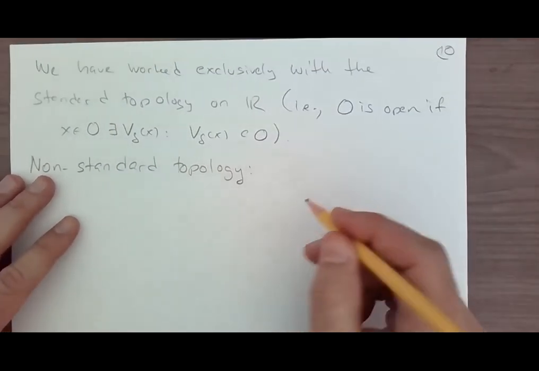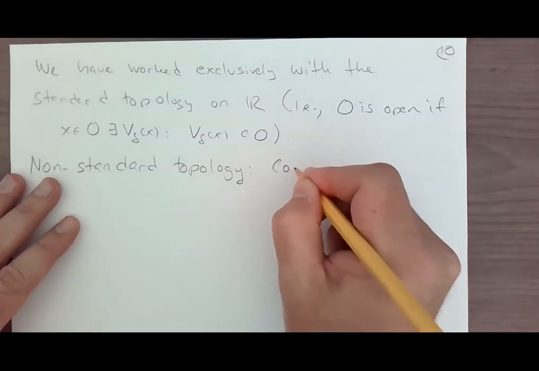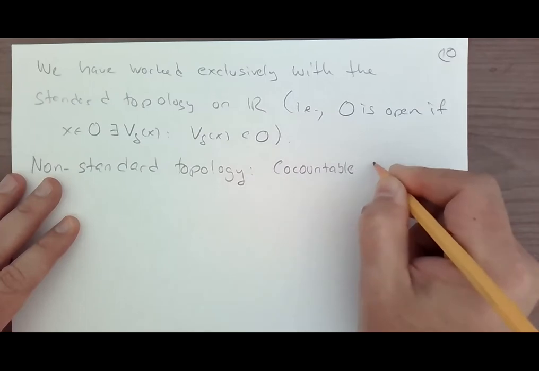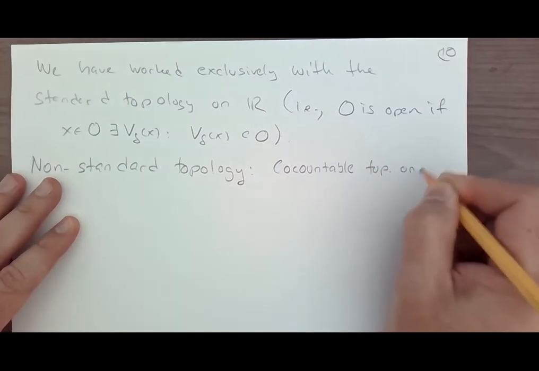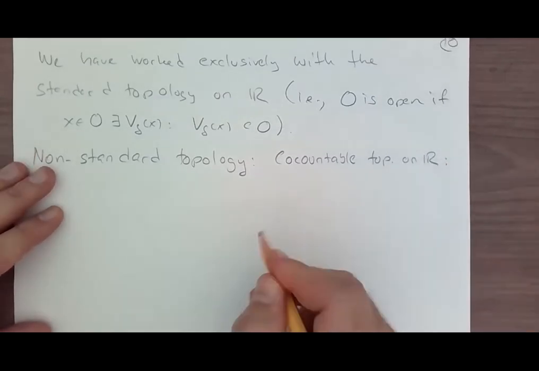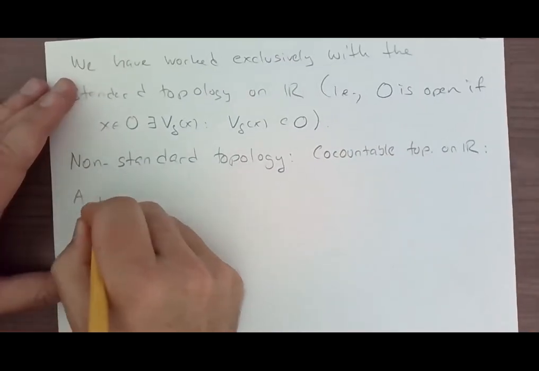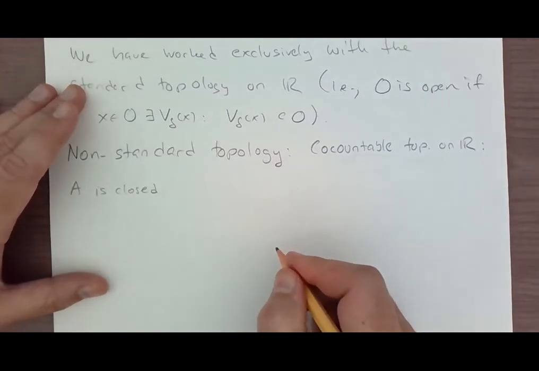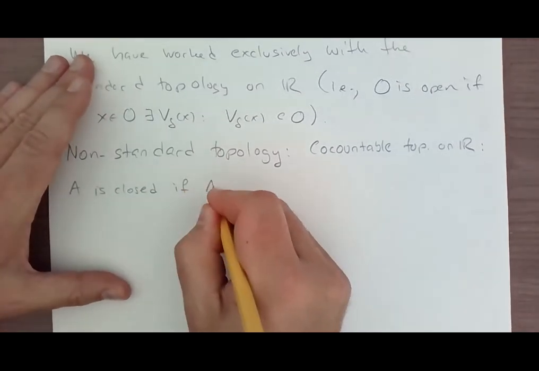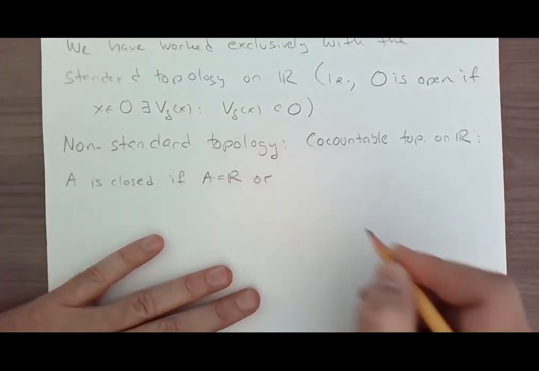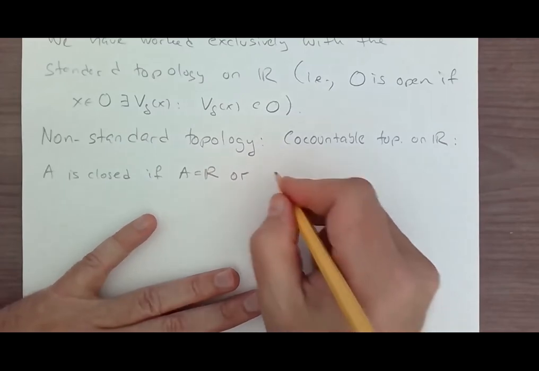The non-standard topology that I'm going to be looking at is what is called the co-countable topology on R. Okay, so how is this defined? We're going to say that A is closed if A is equal to R or A is countable.